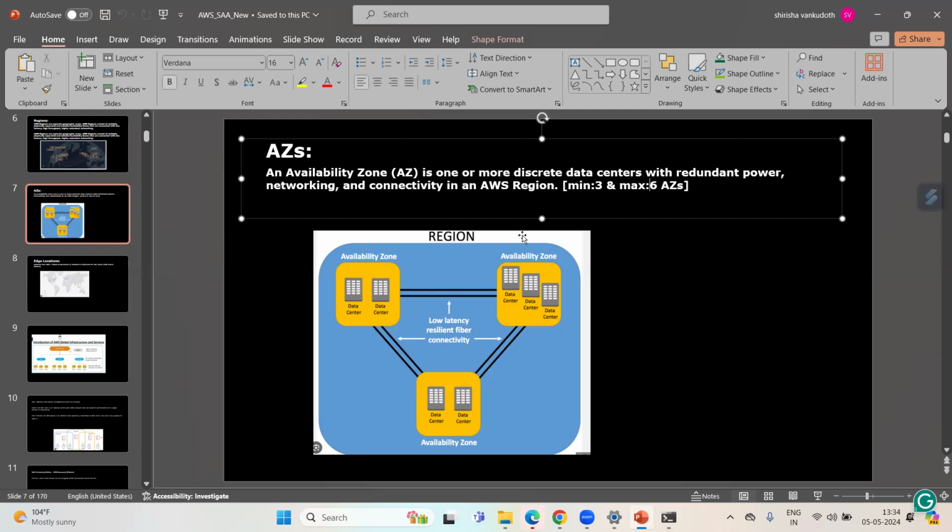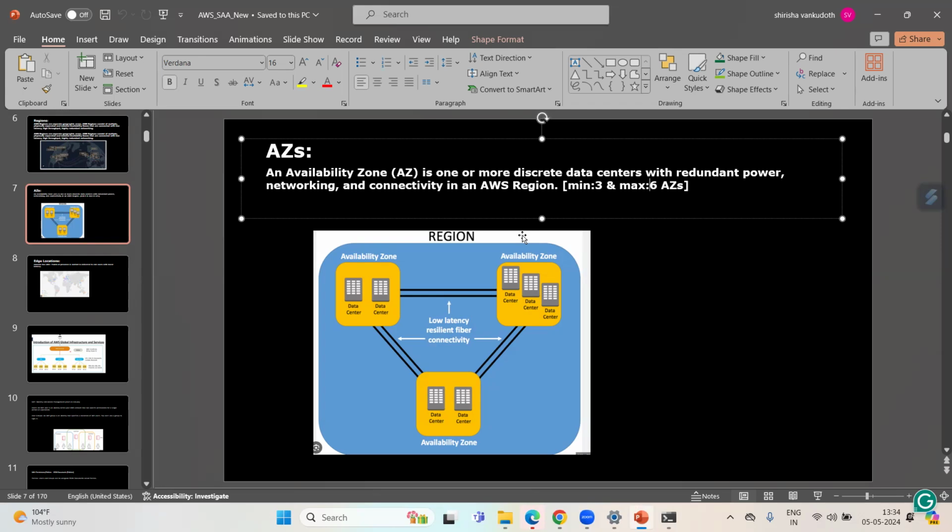Think of it like if you have an availability zone in the Hyderabad region, then one more will be in the Chennai region and one more in the Pune region. So why do we keep this many kilometers of distance? Because of disaster recovery. If a disaster happens, it can affect a data center.